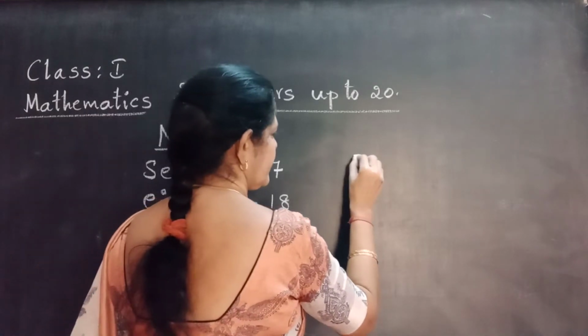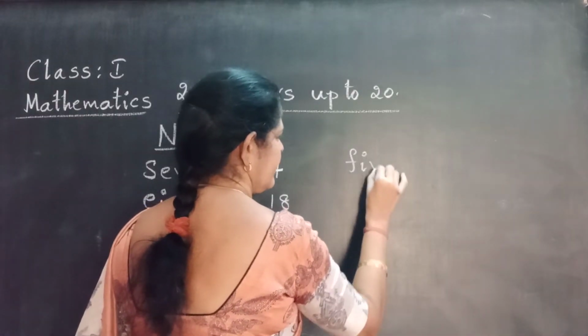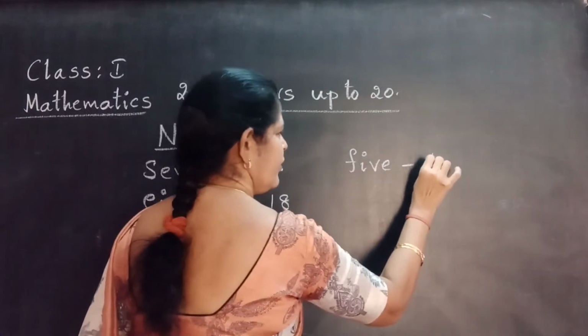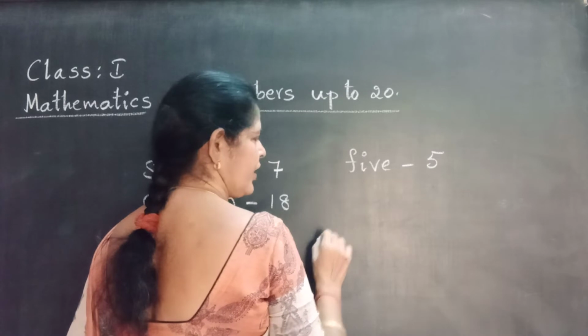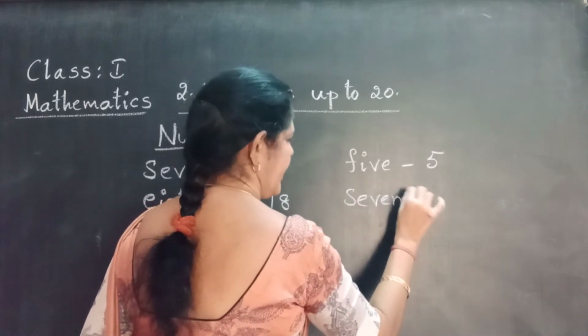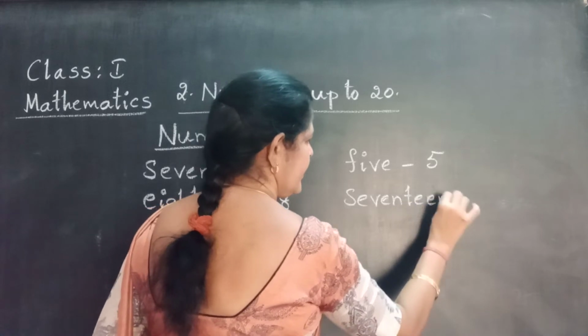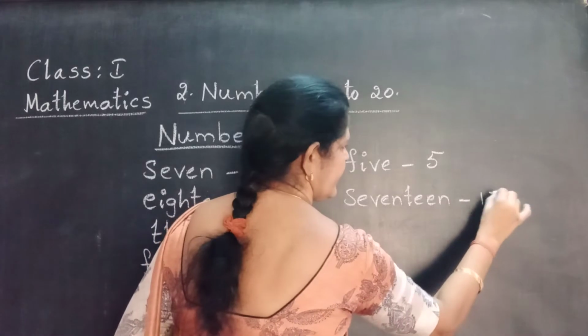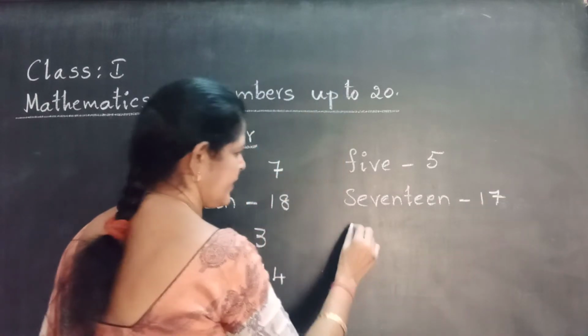Next one, F-I-V-E. 5. Write number 5. Okay. Next, S-E-V-E-N-T-E-E-N. What is that word? 17. 1 ten, 7 ones. 17.